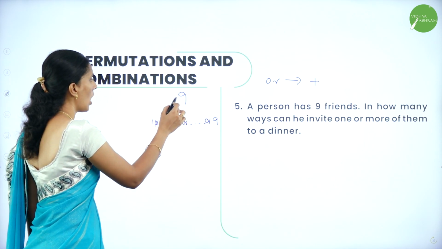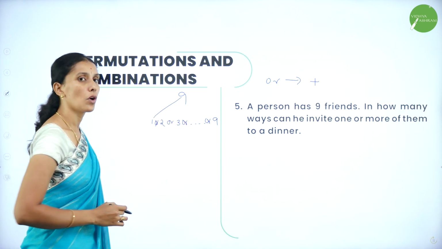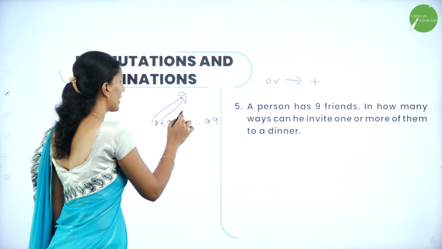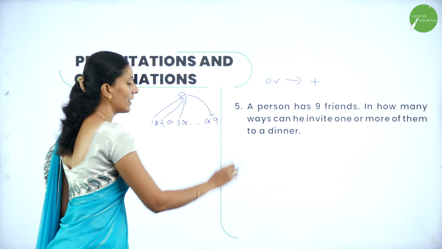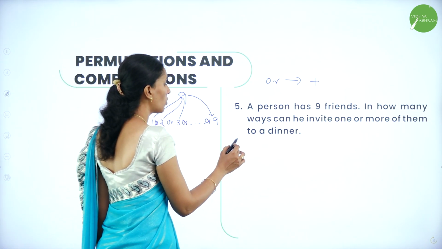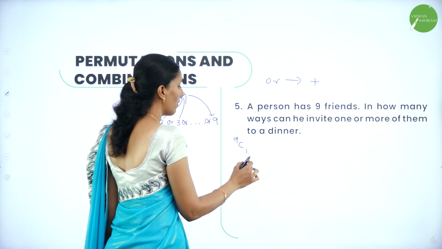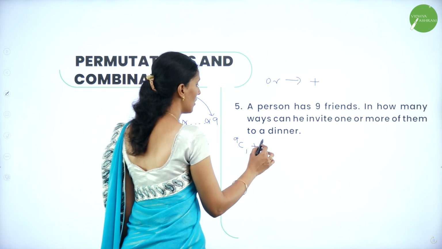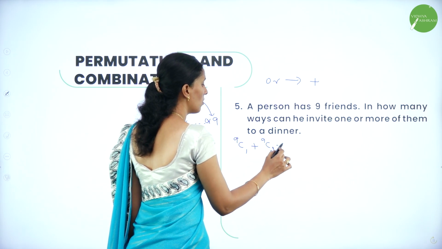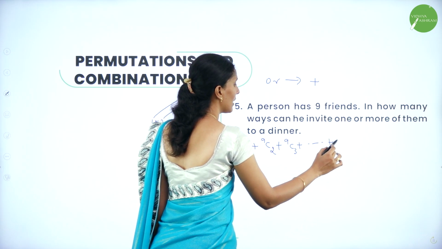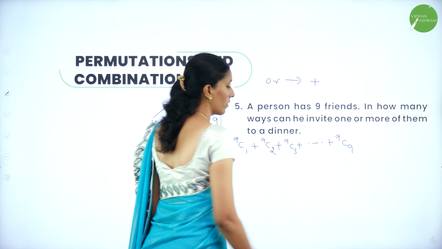So therefore, out of 9, he can choose one friend to invite, or he can choose 2, or he can choose 3, or he can choose all the 9 friends. So how will we write this in terms of a sum? Or is nothing but sum, or plus. He can invite 2, or he can invite 3, or etc. He can invite all of his friends.